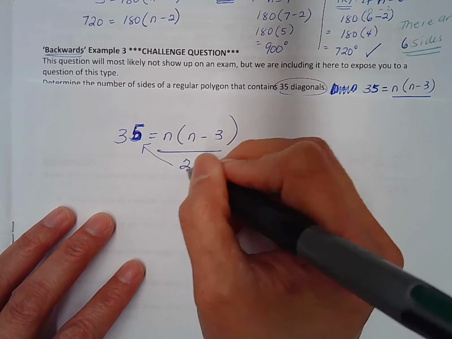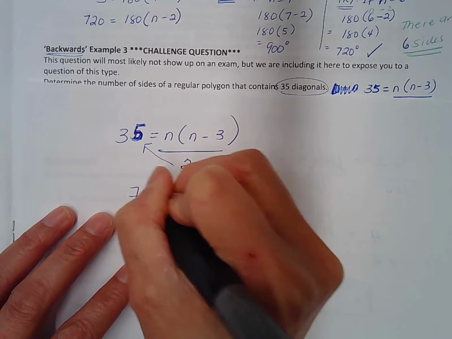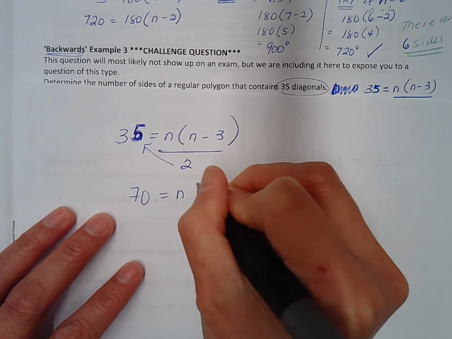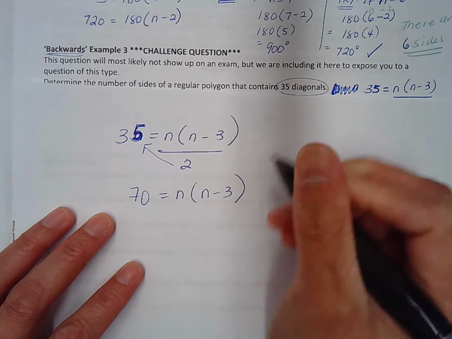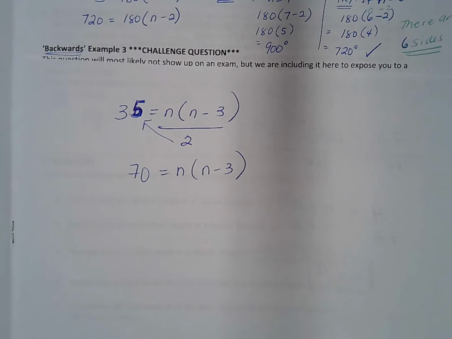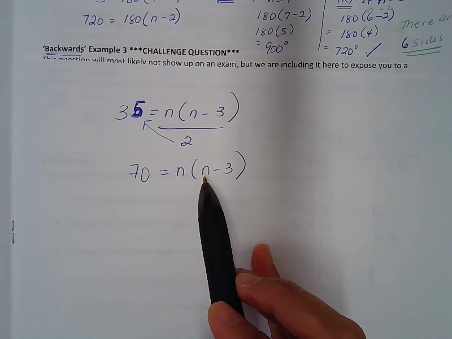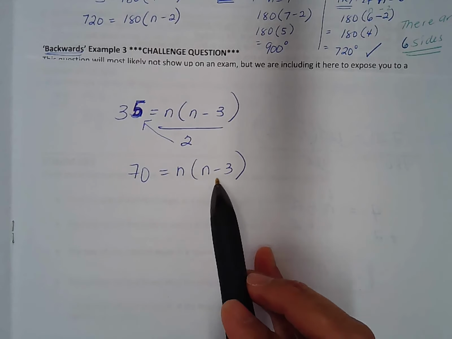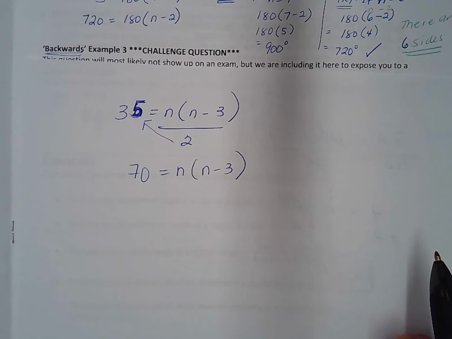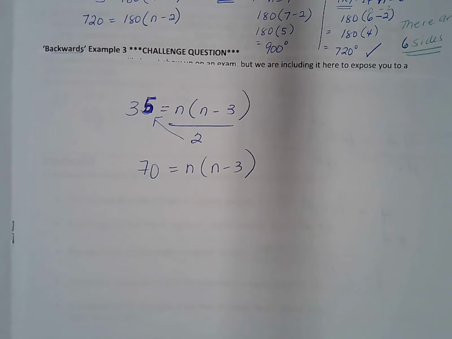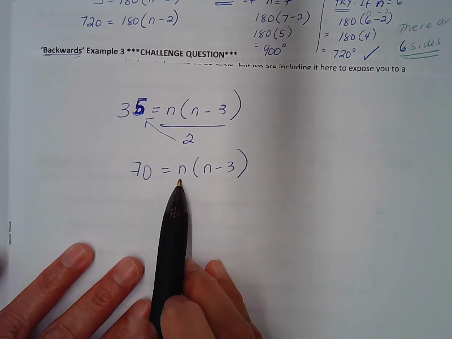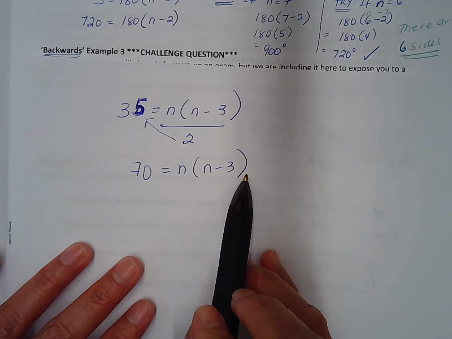So that's going to be 2 times 35, which makes it 70. Now, something times something minus 3 will give you 70.